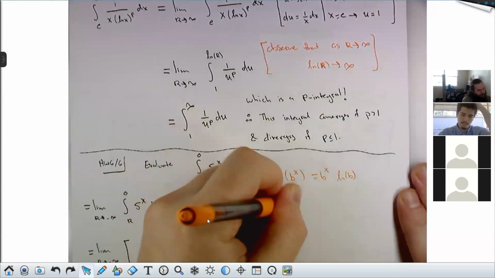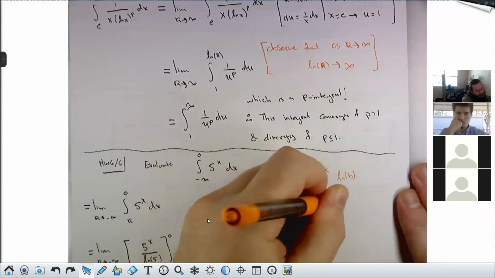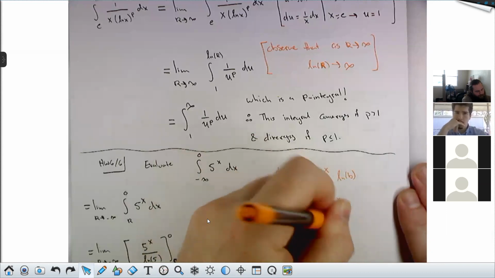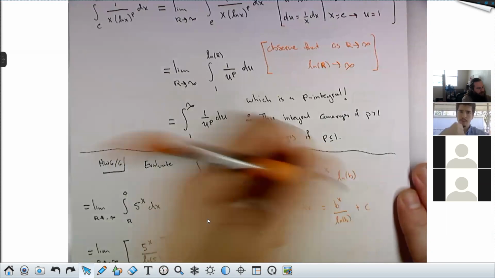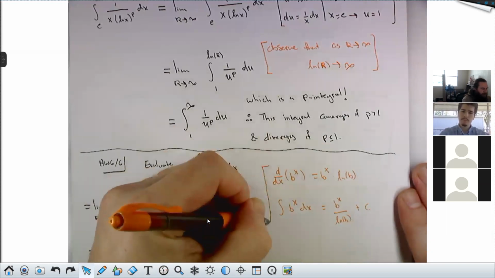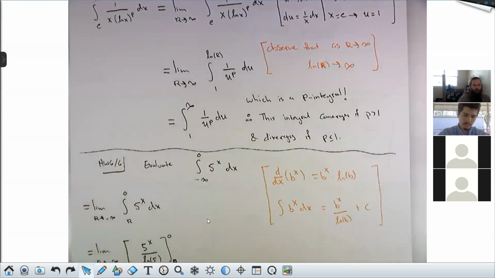So the antiderivative of b to the x dx is going to be b to the x over the natural log of b, plus c if we're doing it as an indefinite integral. So this is really all we need, but it's something that people forget.